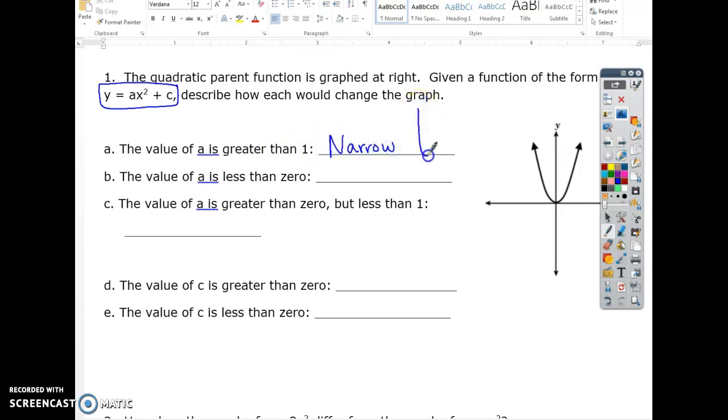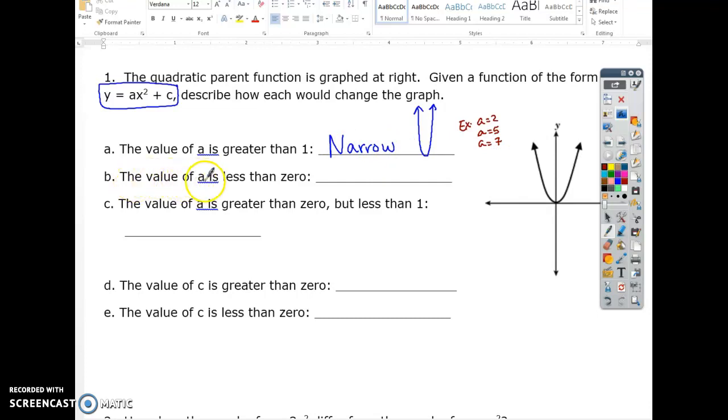Like narrow, skinnier, thinner. Example numbers: a equals 2, or a equals 5, or a equals 7. It's going to be narrow.